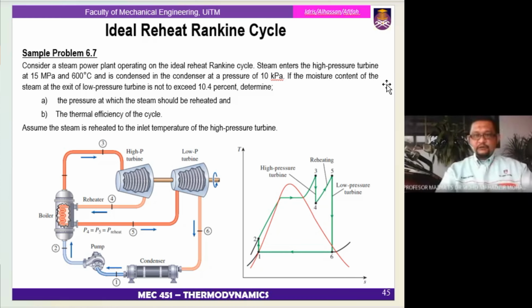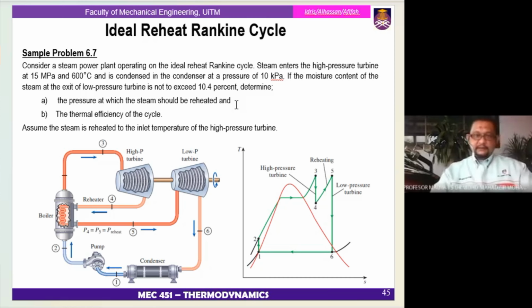If the moisture content of the steam at the exit of the low pressure turbine does not exceed 10.4%, determine A, the pressure at which the steam should be reheated. So you have to find the value of pressure where it should be reheated, either state 1, 2, 3, 4, 5 or 6. B, the thermal efficiency of the system.